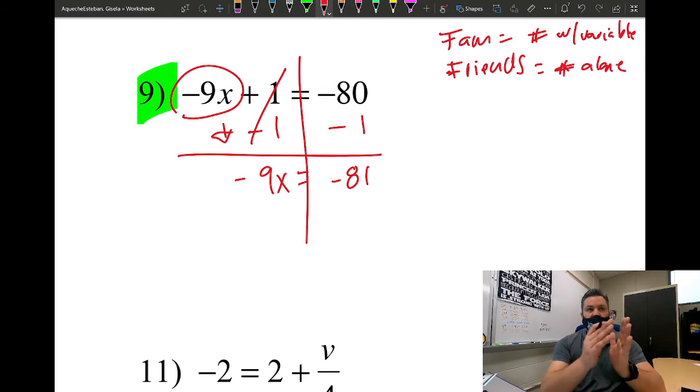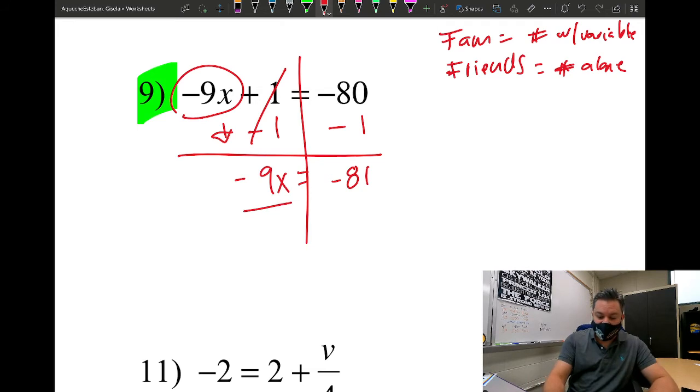A number and a letter together, what operation is that? Multiply or divide? Multiply. So what's the opposite of multiplication? Divide. So we're going to divide this by what? What number is the family? 9. So we've got to divide by that number, because that's the number we're going to get rid of, right? So we're going to divide by 9.